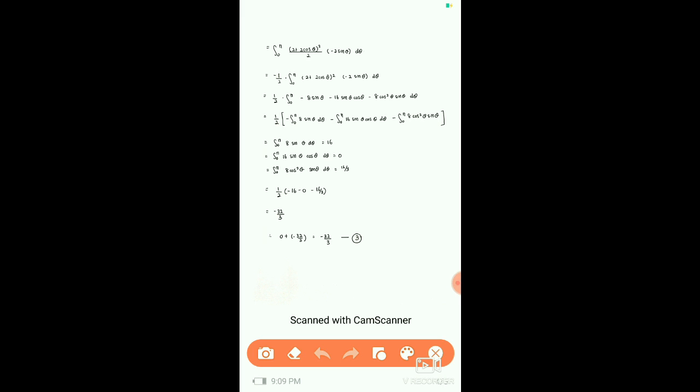To integrate the second part, first thing first, you bring out all the constants, and then you will have minus 1 over 2, and then the integration from 0 to pi of (2 plus 2 cos theta) to the power of 2 times minus 2 sin theta d theta. From this, you should expand the equation, multiply it, and then you will get this equation.